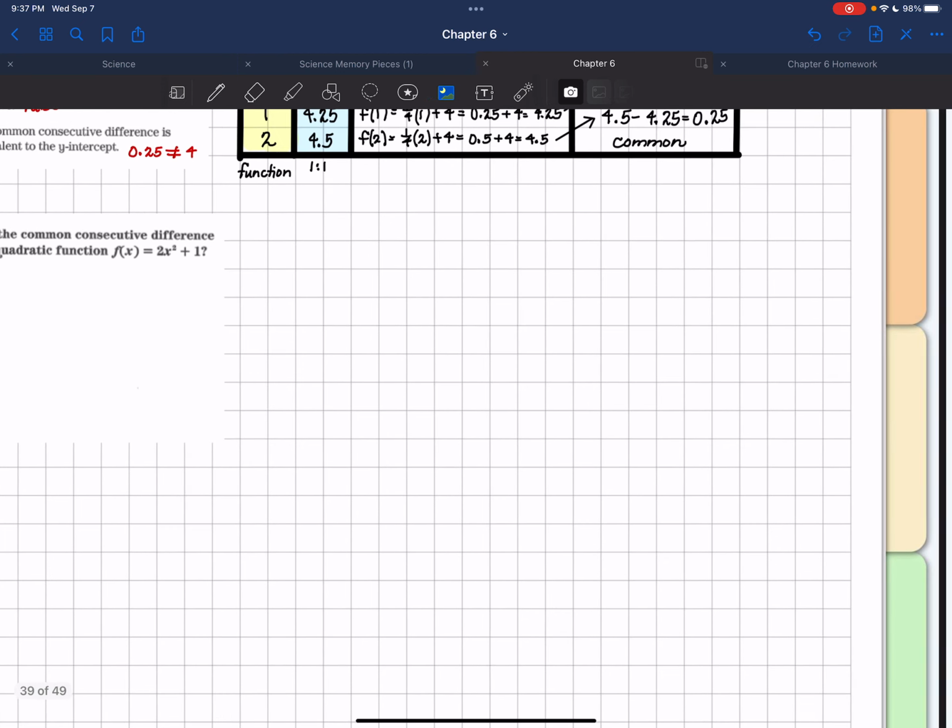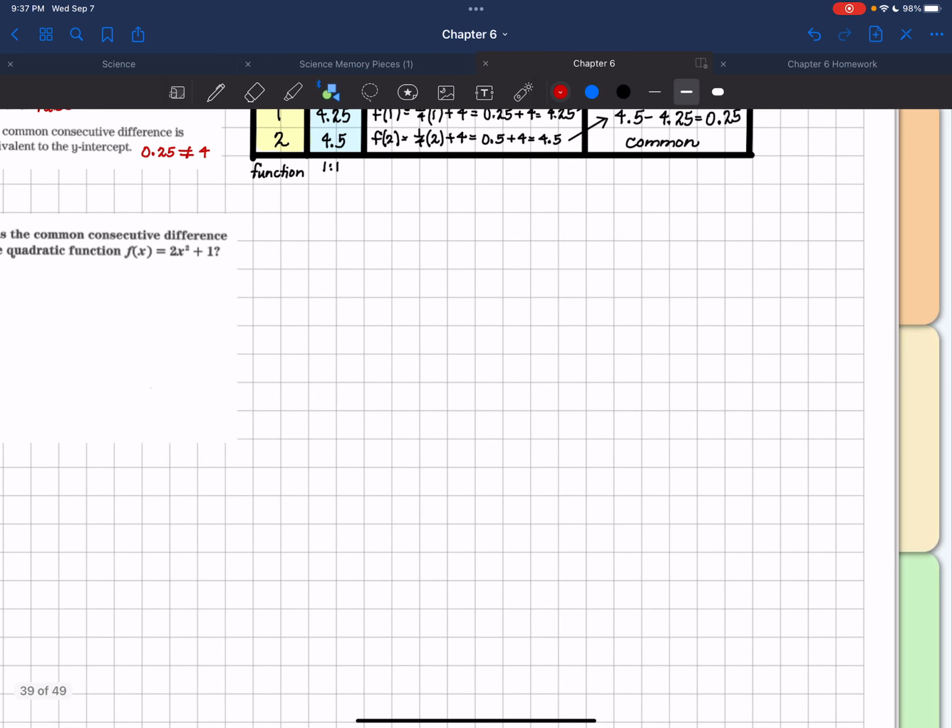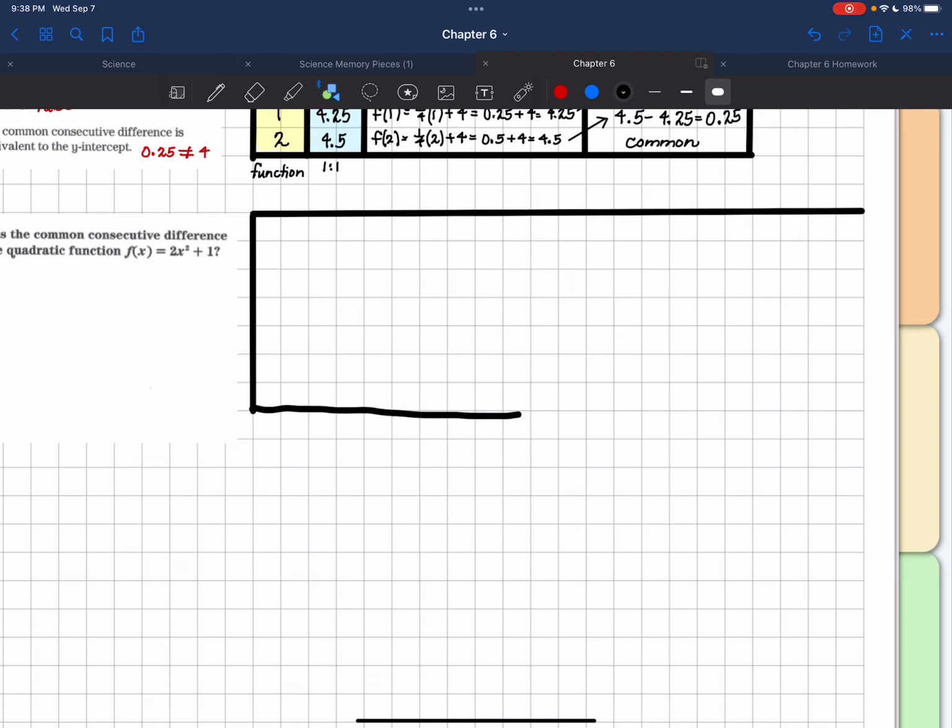So on this one, I know that I'll have to go 2 levels to get my common consecutive difference. So let's draw a table. I won't use red. And I'm not going to go through all those labels again. We'll just use a few of them, a couple maybe.